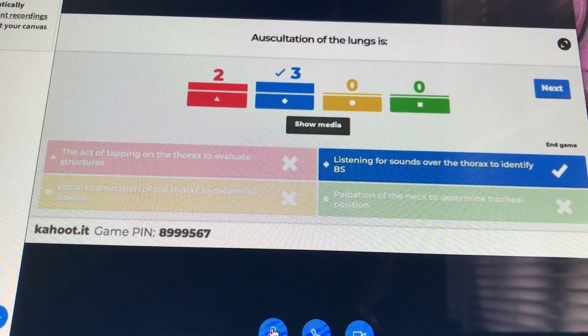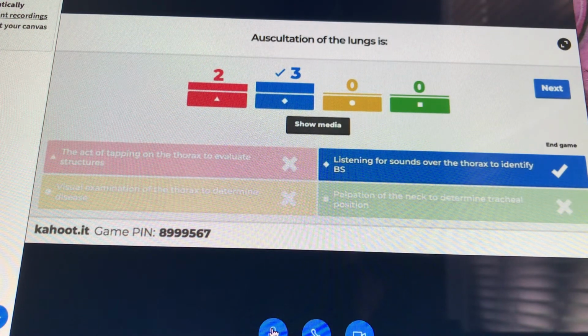Of course, visual examination is just a visual exam. Why would you palpate the neck? To feel where the trachea is. And why would you do that? What could be an abnormal finding? There could be a tracheal shift, which could be from pressure, a pneumothorax, or a collapsed lung, atelectasis.